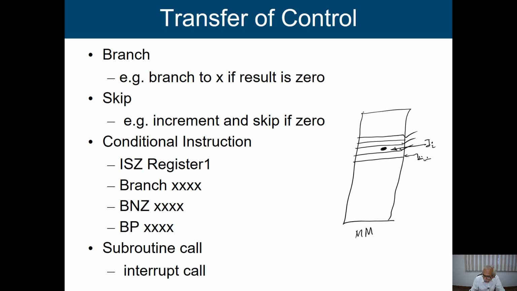Depending on some scenario, I don't want to execute I plus 1, but I want to execute the portion where my instruction is, say, J. To have this effect, we must have a provision in my processor. We have to design some instructions, and we say these are the branch instructions.